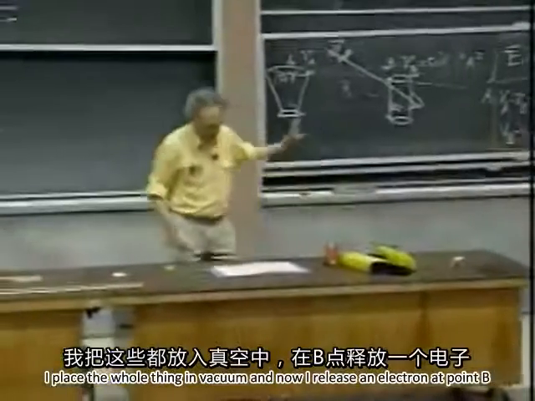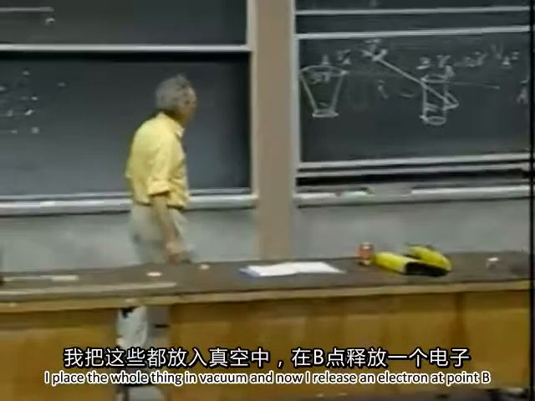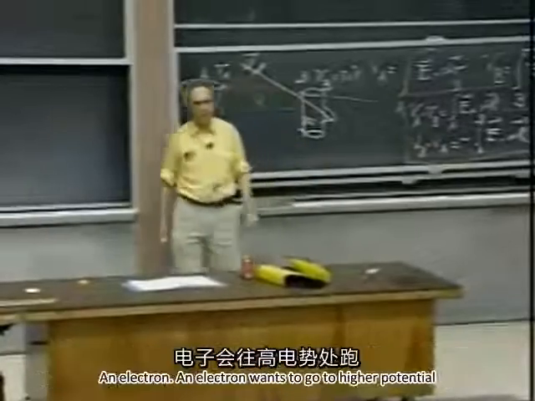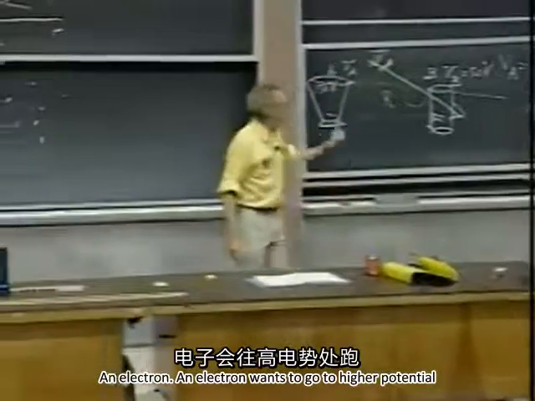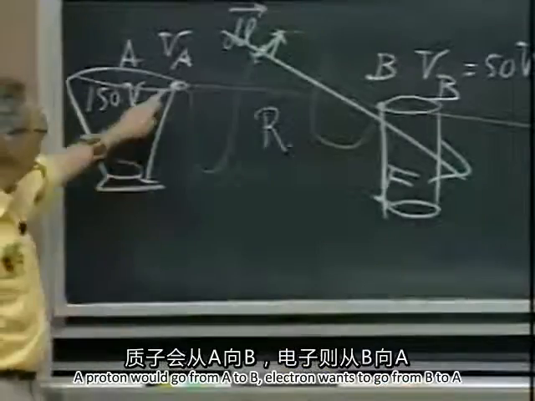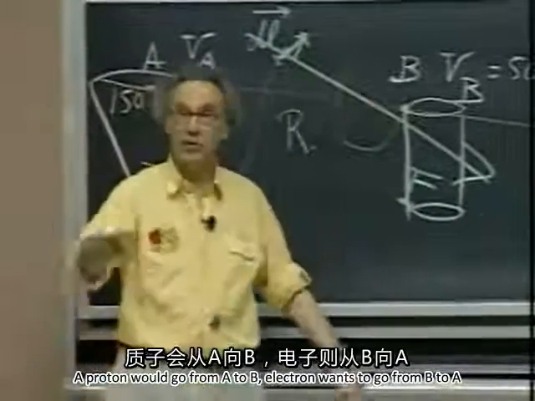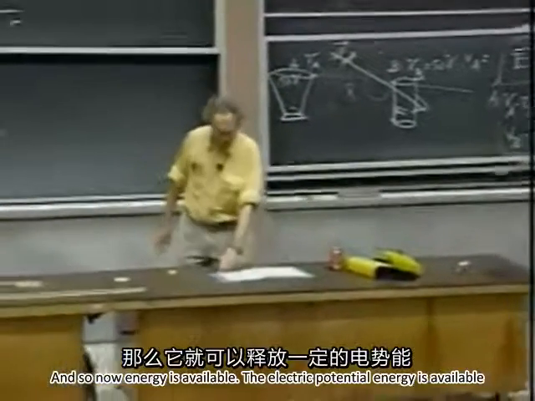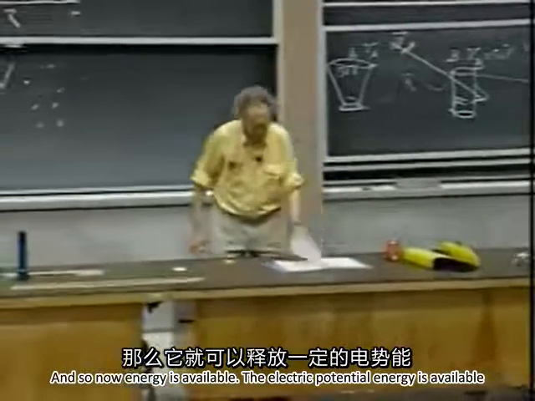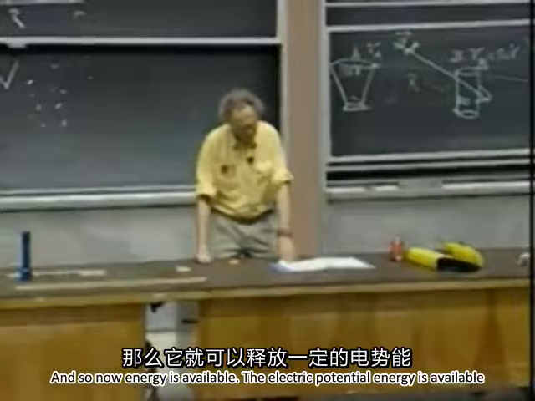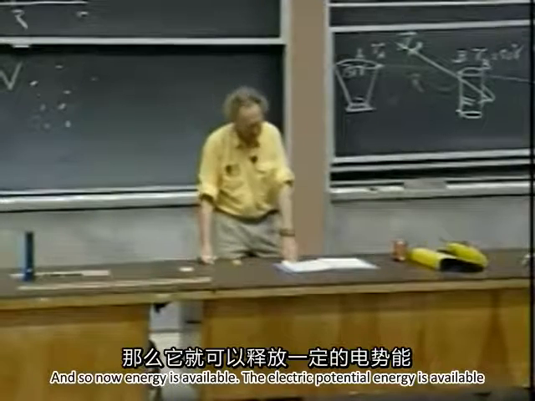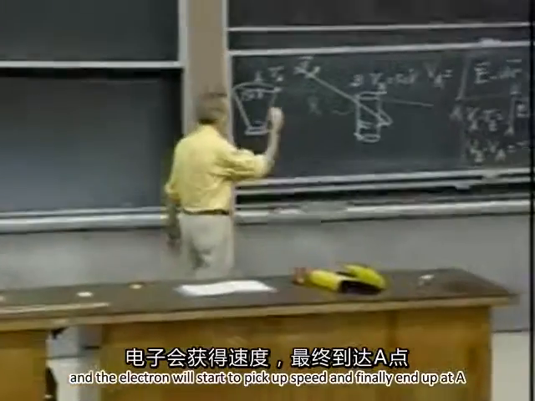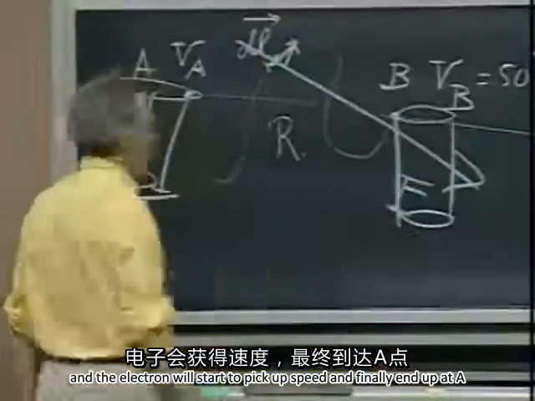I place the whole thing in vacuum, and now I release an electron at point B. An electron wants to go to higher potential. A proton would go from A to B, an electron wants to go from B to A. And so now electric potential energy is available, and the electron will start to pick up speed and finally end up at A.